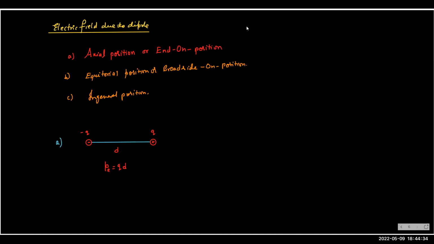Now on this line joining the charges, that we call axial position. So axial position is the line joining the charges. At this point P, we would like to find the electric field. Understood?